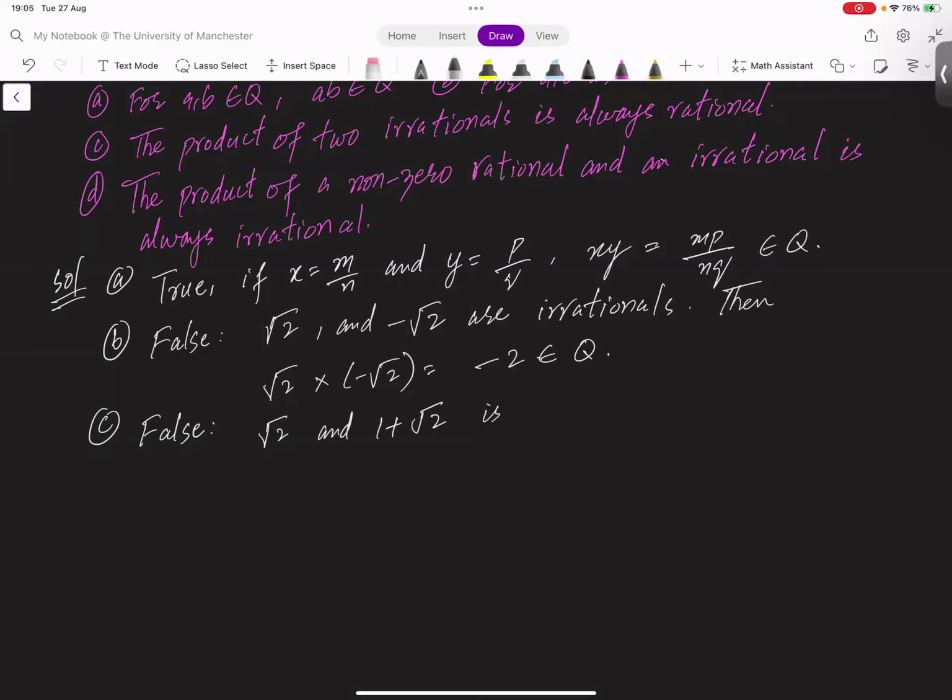Then their product is under root 2 plus 2, which is irrational.